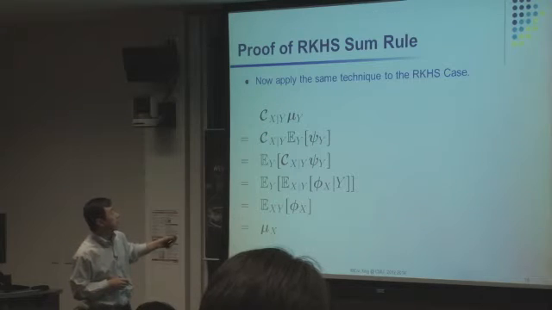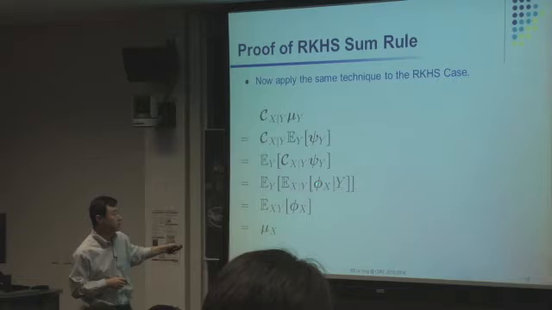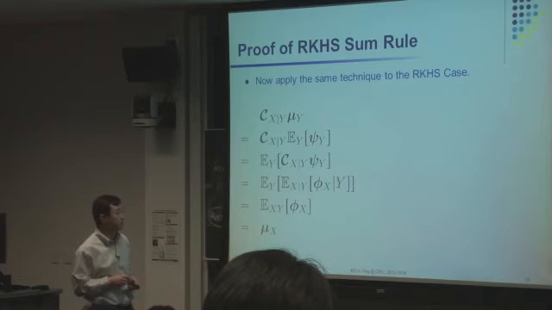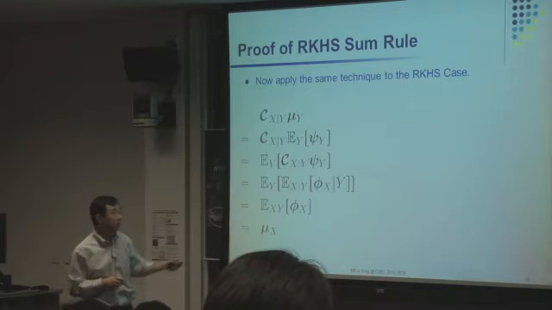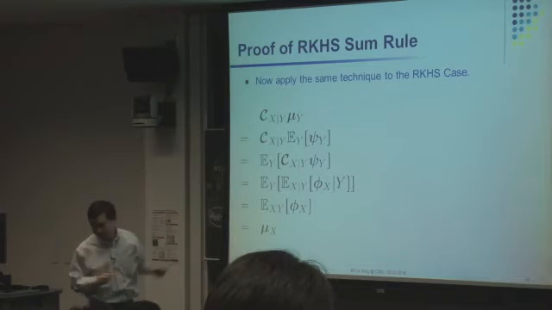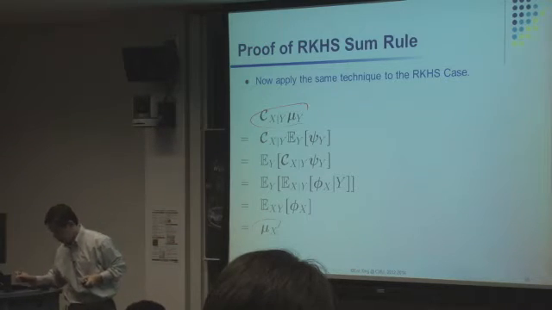So we're going to replace the delta with the feature function, replace the delta x with its own feature function as well, and replace the conditional probability table with the conditional operator like this. And then we ask whether this is equal to this or not.